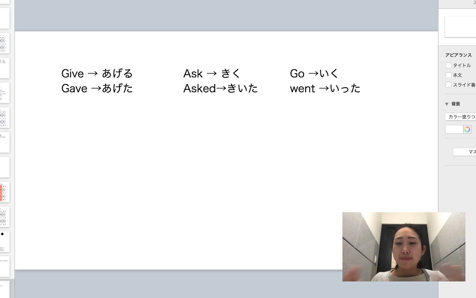So there are some rules to make the verb past tense, but the rules for the verb are very few compared to English or other Western languages.